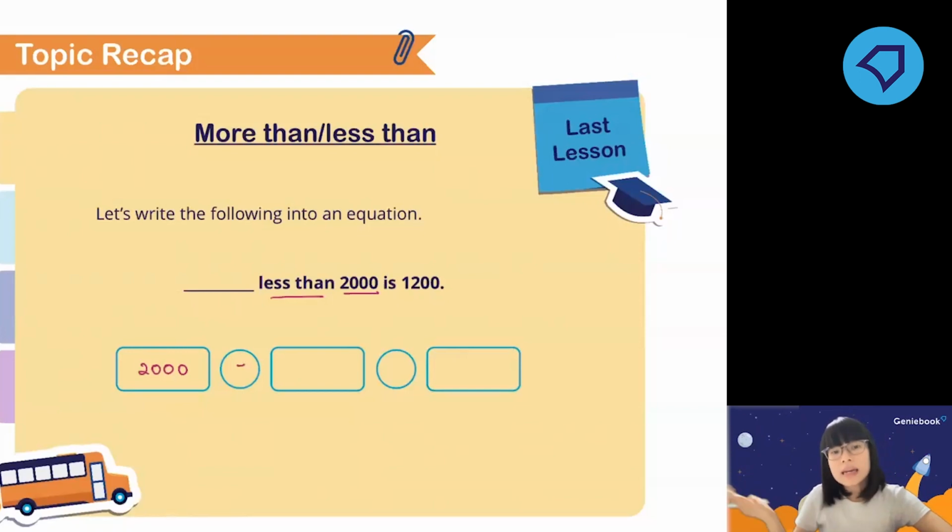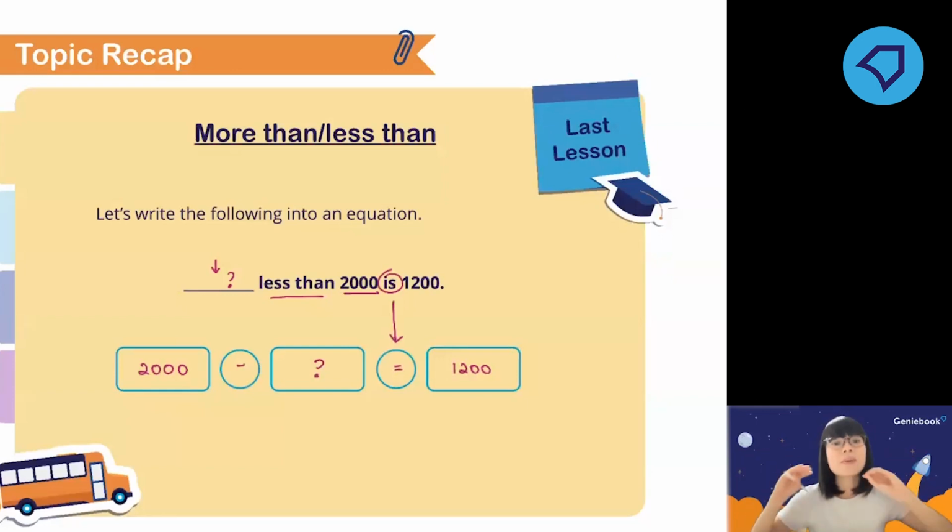But what less than 2,000? So this is your question mark, isn't it? All right, so 2,000 must minus something to give you, is just refers to the equal sign, 1,200. So in this case, this is how we are going to interpret this sentence into an equation.